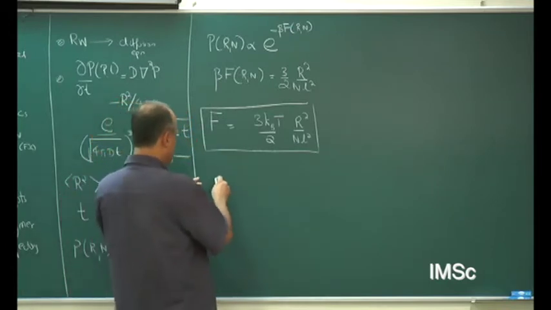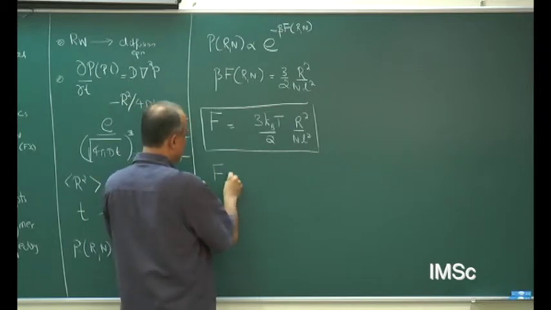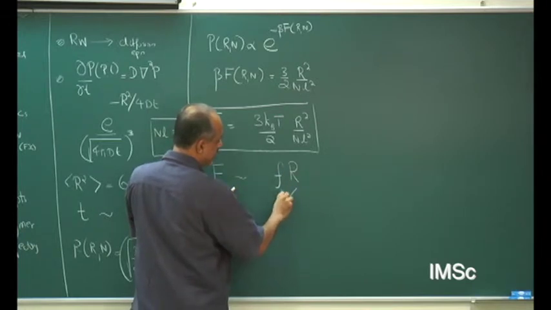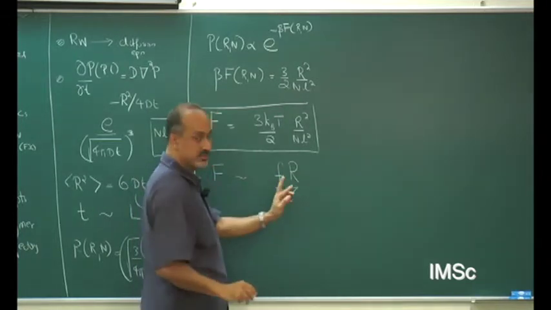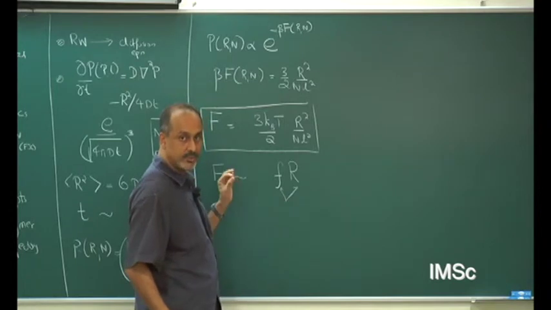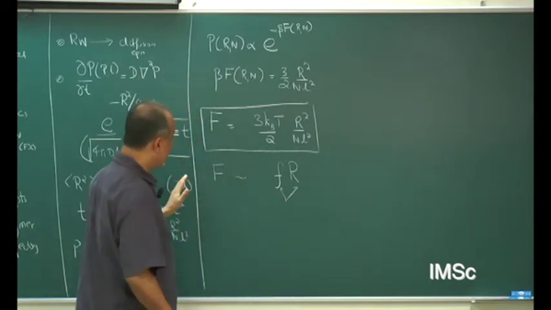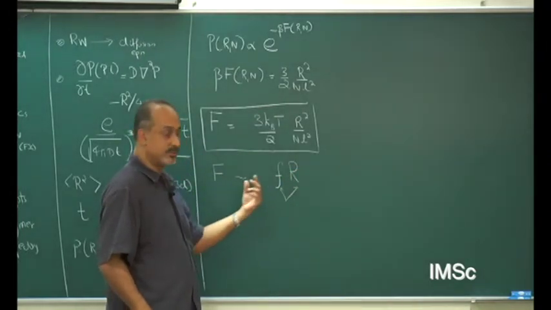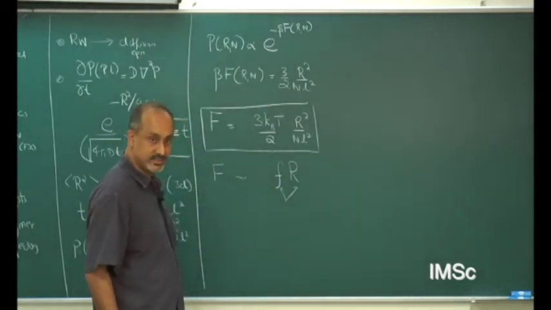Remember that the way we do it is, when we have a free energy, which we can write in terms of, say, some force times some displacement, the force and the displacement are conjugate variables to each other. I haven't used this word earlier, but when in a free energy these two terms appear like this, they are conjugate to each other because their product gives you a free energy on the left hand side.